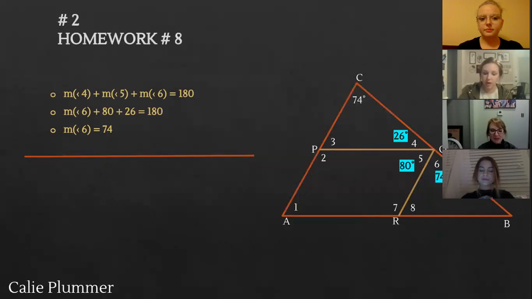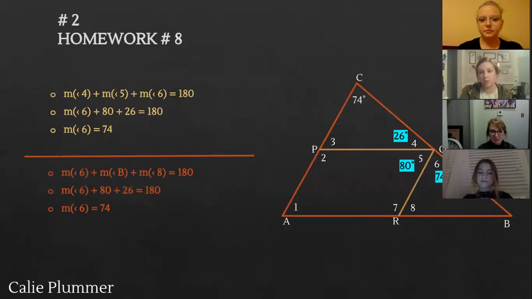Or it can be found using supplementary angles. So that means that angle 4, 5, and 6 will all add together to equal 180. So if you have the degrees of angle 4 and angle 5, you can use those to find the degree of angle 6. Oh, okay. Thank you.